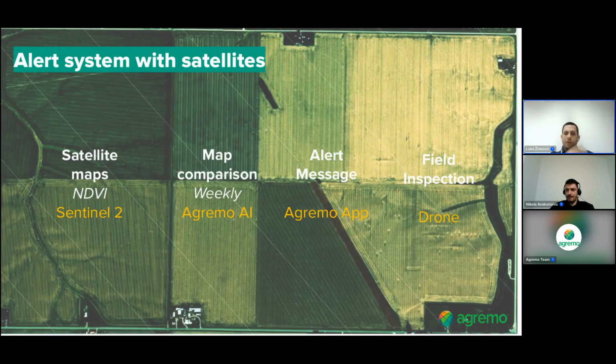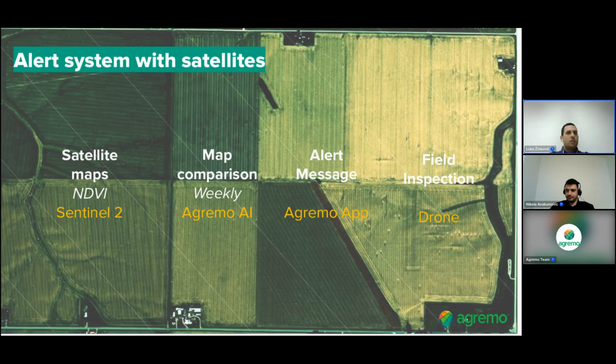You will be able to access them in your account on the Agrimo app, but in the back, our AI will analyze these images and compare NDVI indexes. If it spots a drop in NDVI between two maps, it will send a notification that there is a problem on the field. So you can check it out, or send the drone to do a deeper analysis, or check it out manually.